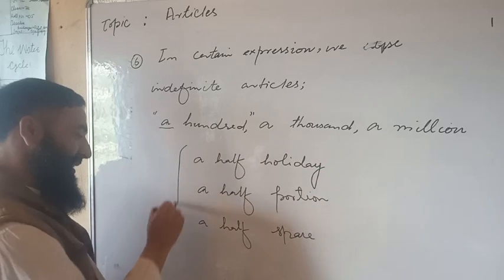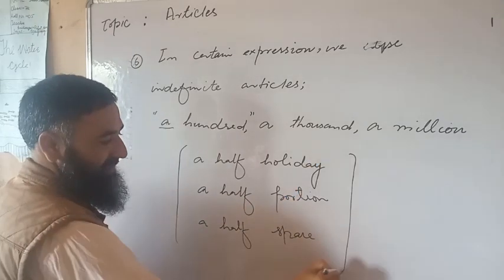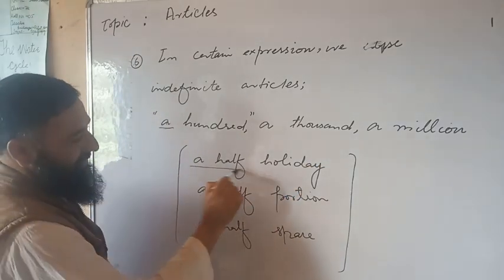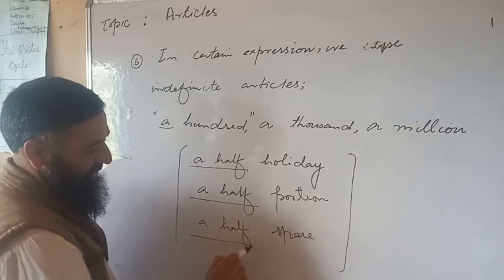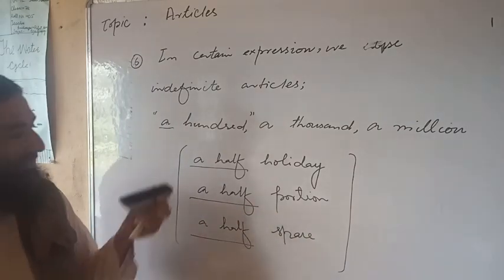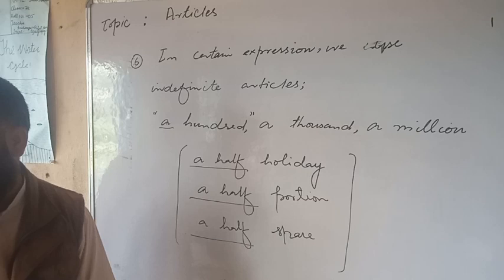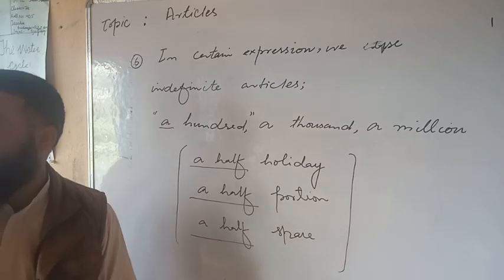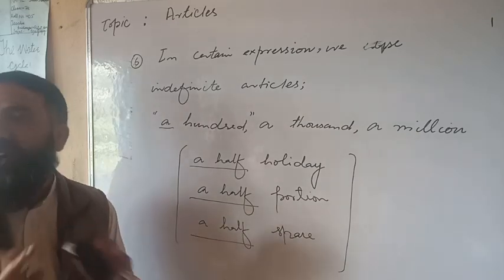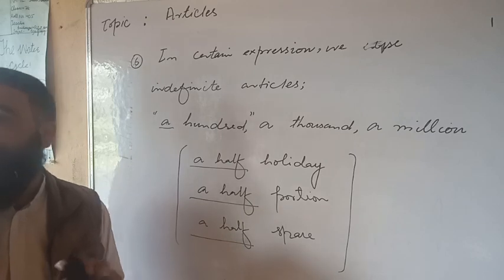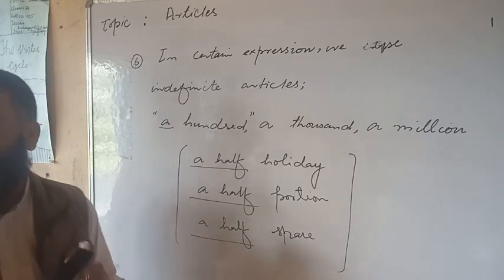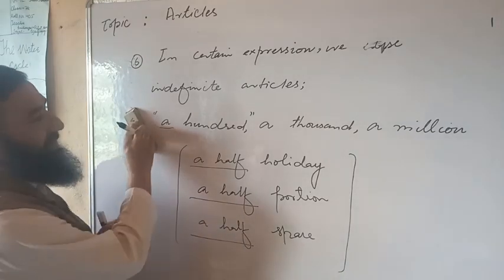Remember all these expressions, that in these expressions we use the indefinite article a before half. And if half is alone, if it is not preceded by a whole number, then it will take no article at all. Okay. Is it clear?